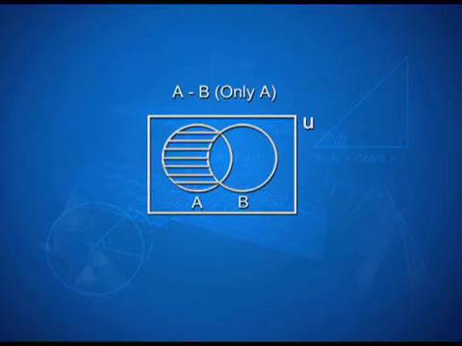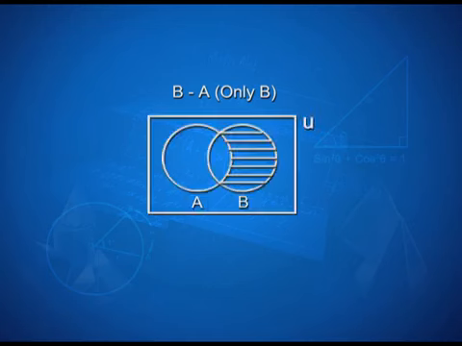Here, the shaded portion gives us A minus B, that is, all the elements that belong to only A. That is, all the elements belonging to A but not to B. Similarly, the difference of two sets B and A in the same order is given as B minus A. So, B minus A will be the set which contains the elements of only B but not A. With the help of Venn diagram, it will be represented like this.